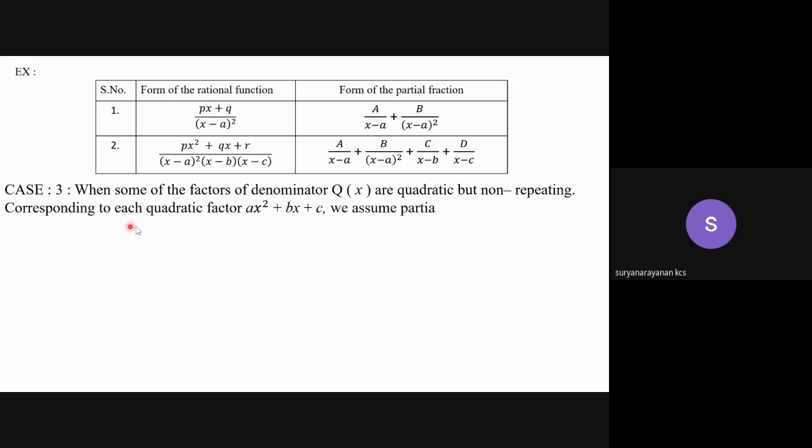Corresponding to each quadratic factor ax square plus bx plus c, we assume partial fractions of the type (Ax plus B) by (ax square plus bx plus c), where A and B are constants.